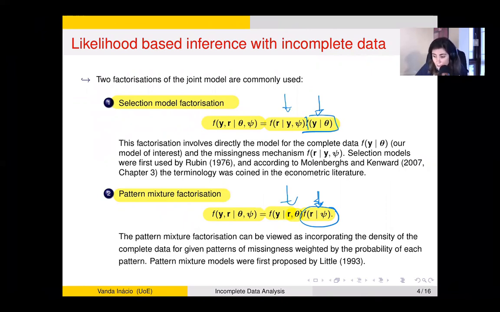And again, repeating myself, the selection model factorization includes two quantities that we are familiar with: the model for the missing data mechanism and the model for the complete data, our quantity of interest. We will be working with the selection model factorization.